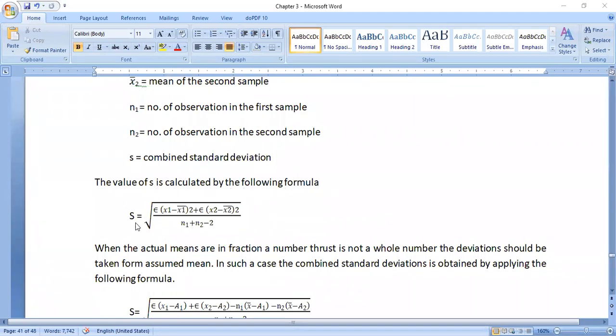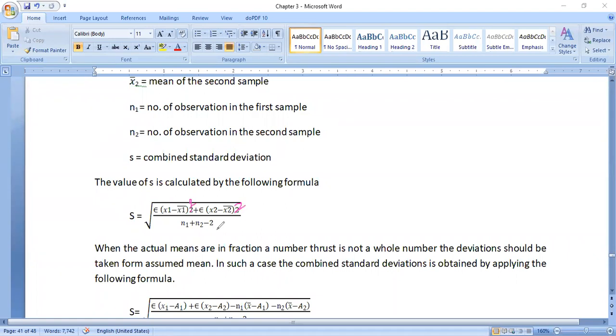S is equal to the square root of sigma (x1 minus x bar 1) whole square, this is a square here, plus sigma (x2 minus x bar 2) whole square, divided by n1 plus n2 minus 2.